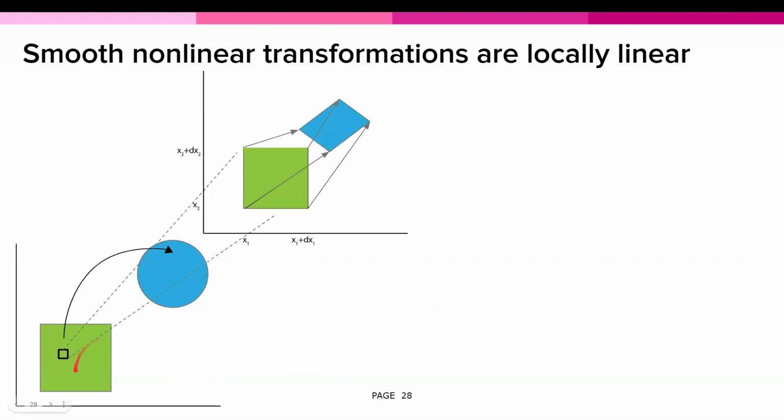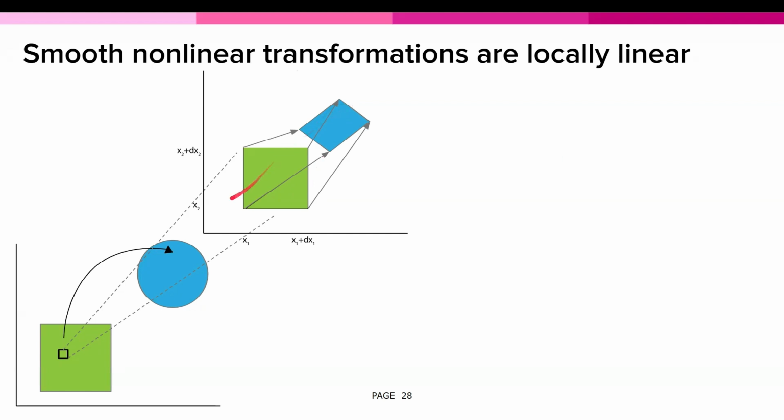So specifically, if we were to zoom in on an infinitesimally small patch of this circle, we would be able to describe the resulting transformation around that point as a locally linear transformation, transforming a small patch of that surface into a parallelogram.